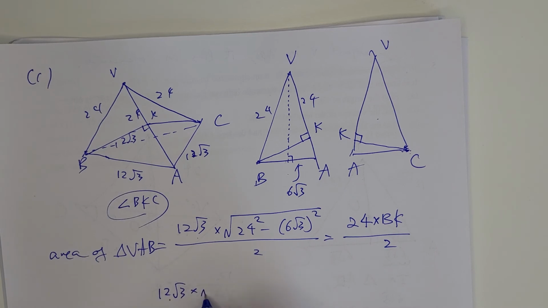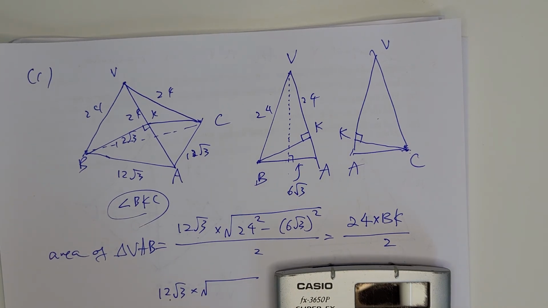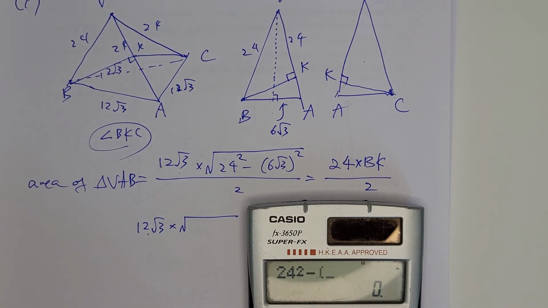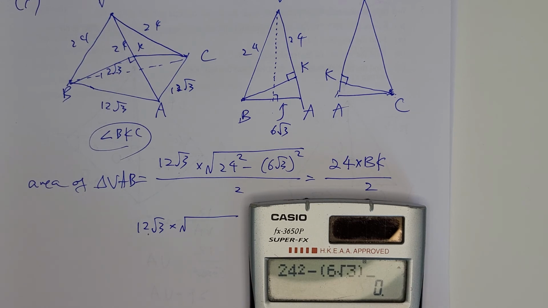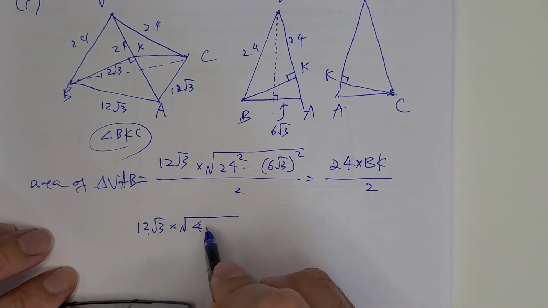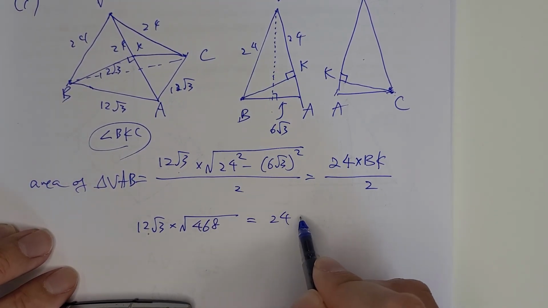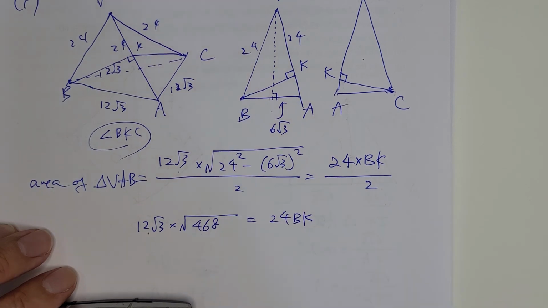12√3 times the square root of 24 squared minus (6√3) squared, so the square root of 468, equals 24 times BK.